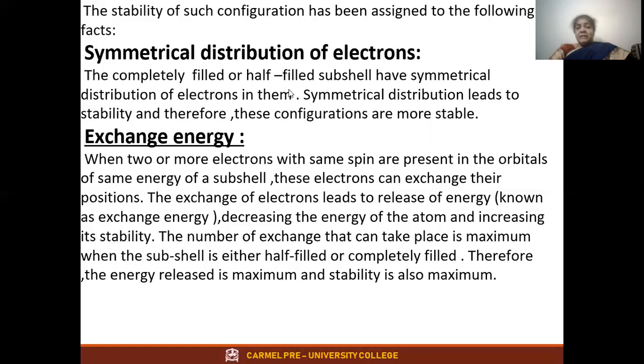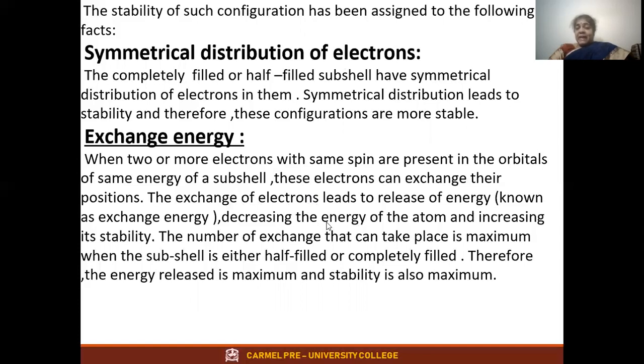Keeping these 2 things in mind, we try for half filled configuration and fully filled configuration. Why? Because of symmetrical distribution of electrons. Second, exchange of energy takes place. When we go for half filled and fully filled configuration, exchange of electrons takes place, which leads to release of energy.